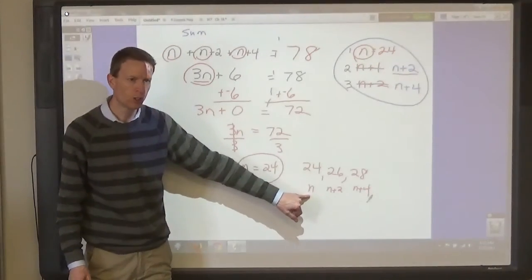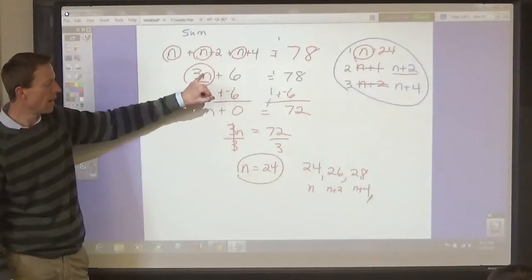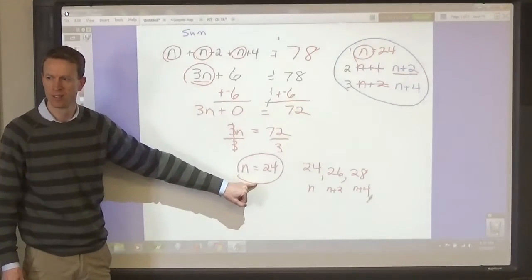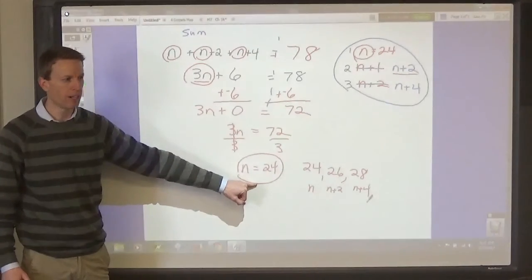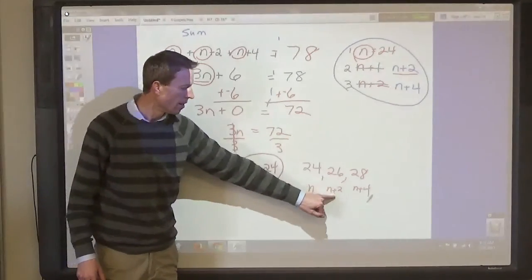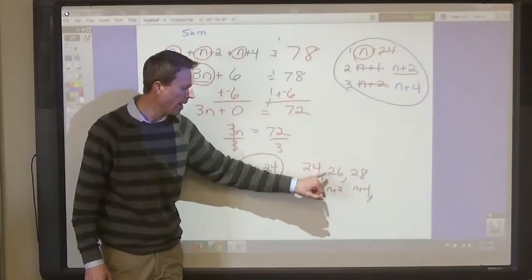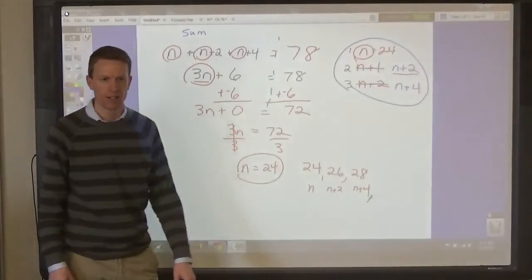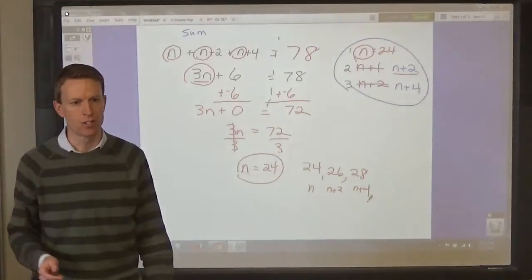What we're trying to do is find the starting number. If the starting number is 24, then if we add 2, it's 26, and if we add 4, it's 28. It gives us the 3 consecutive integers.